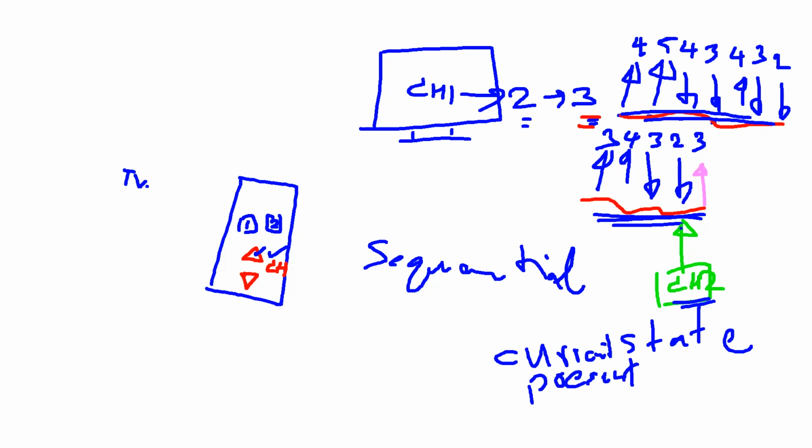You need not know all the past of the circuit. You just know the current state. And then if you know the input, you can determine the next state and output.